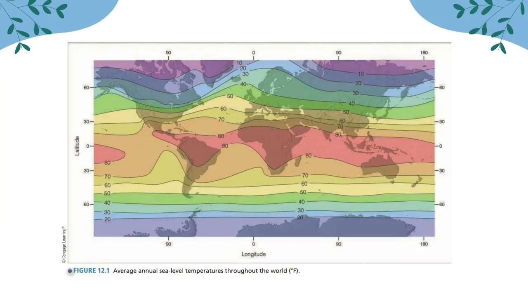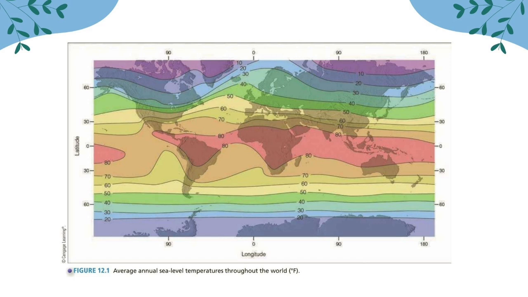Now I have here an illustration. This is a map that shows the average annual sea level temperatures across the world. The different colors, we call them color zones. The red and orange areas represent hot regions, mainly near the equator, as you can see, in the middle.